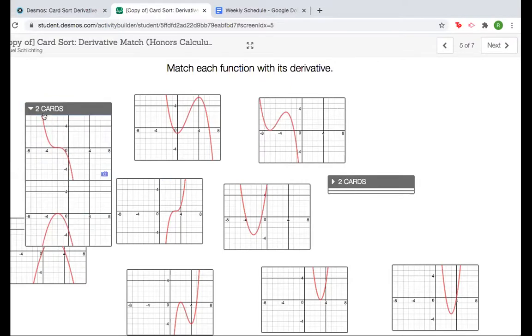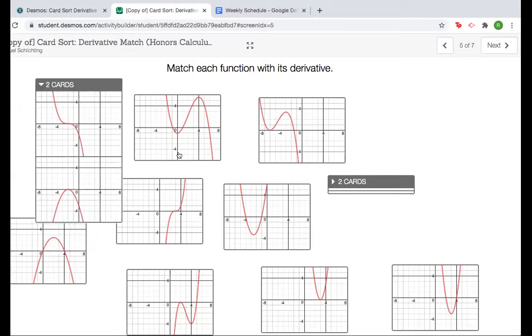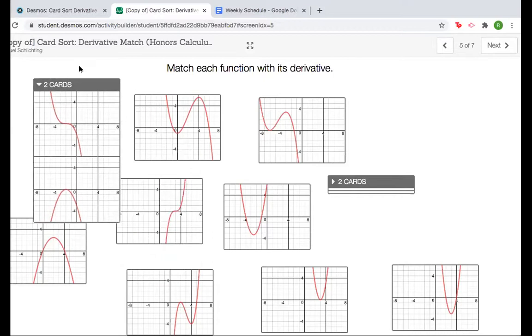When you have those two, look at where the change happens. You see how that change happens at that same x value? And you see how the top graph is decreasing, has a horizontal tangent, which would mean the derivative would be 0, and then decreases more. So our derivative graph would need to be negative, touch the axis, but then go back negative again.